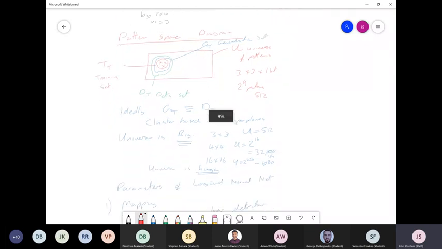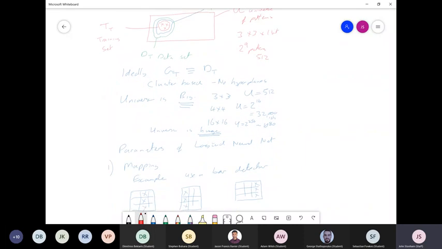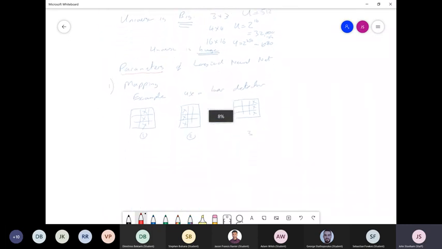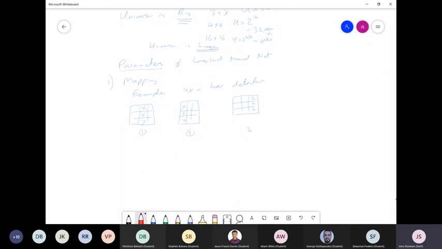Now, in the last lecture, I was interested in parameters of the logical neural network. And we were about to build up a bar detector, vertical bars, and I gave you 3 by 3 pixel images, which by human inspection are obviously vertical bars.